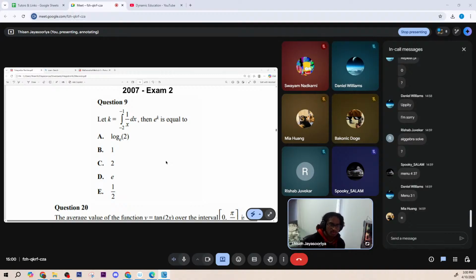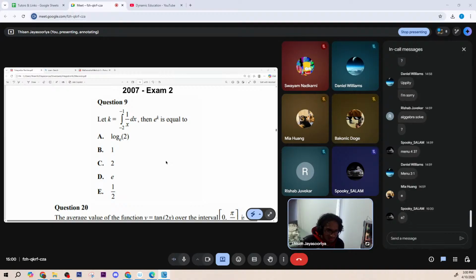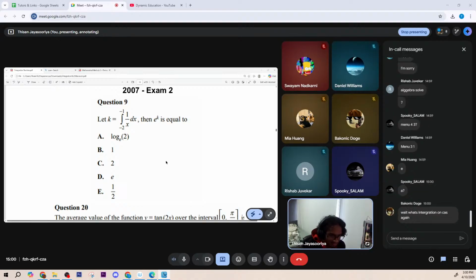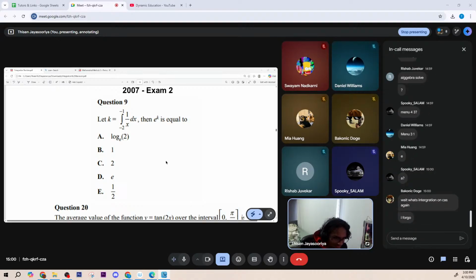Any last calls, final bets? Final bets, A. Wait, what's integration on CAS? Menu 4-3. So Salam got A. Anyone else getting A? Anyone else getting E? Someone choosing another answer option?